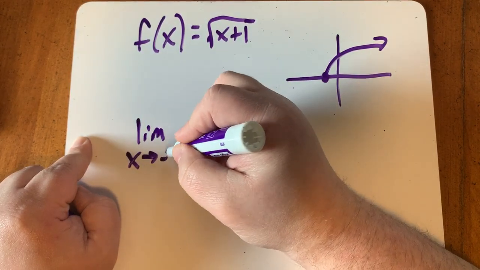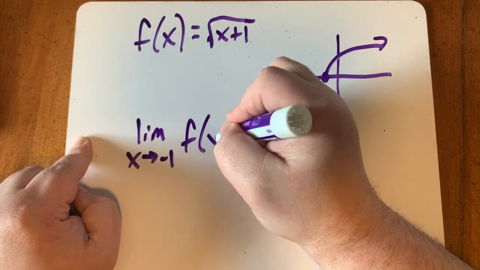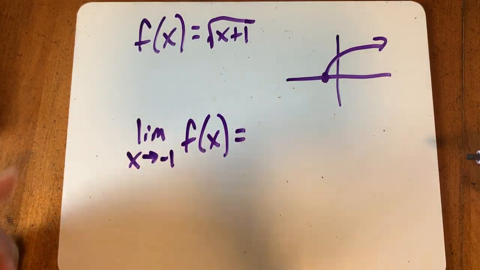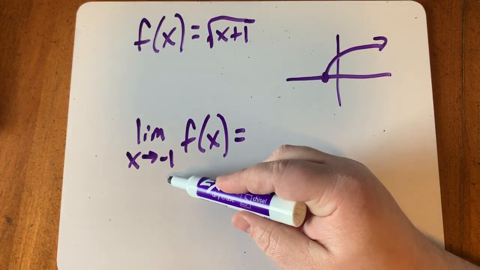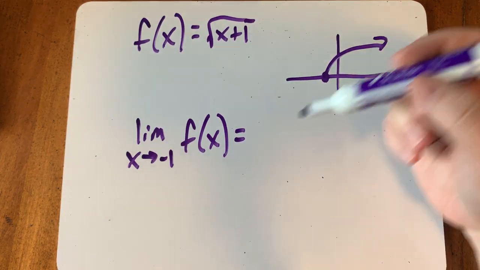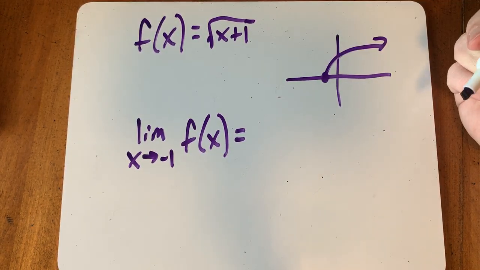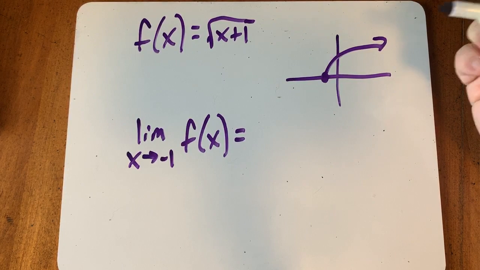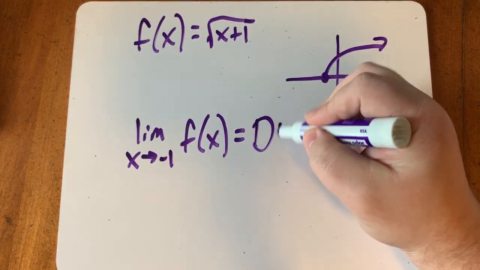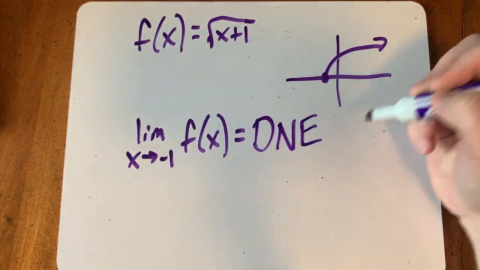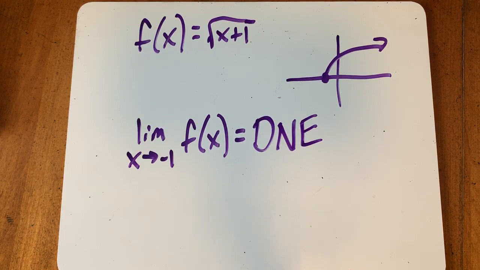But for the limit as x approaches negative 1, even though it's part of our domain, you can't approach it from the left. So technically, this limit does not exist.